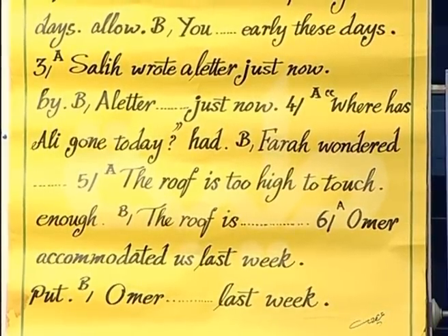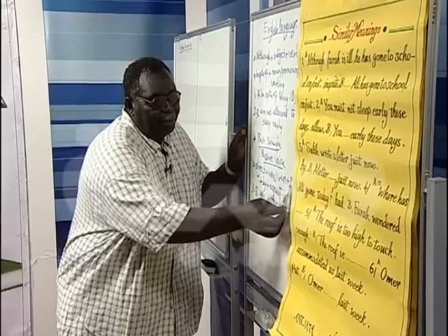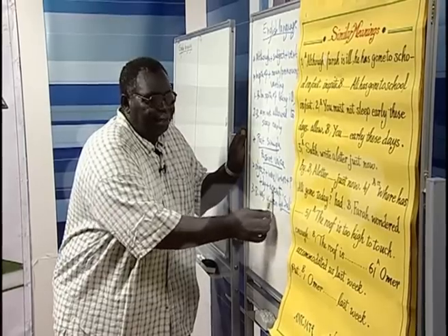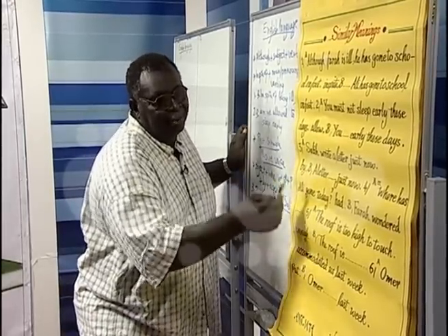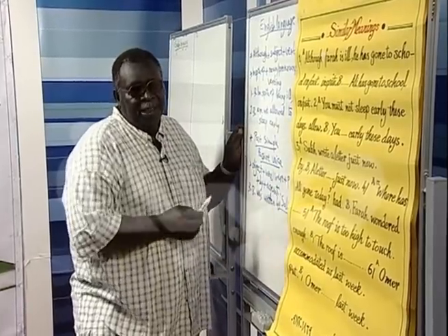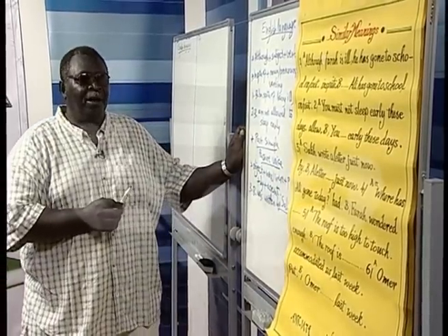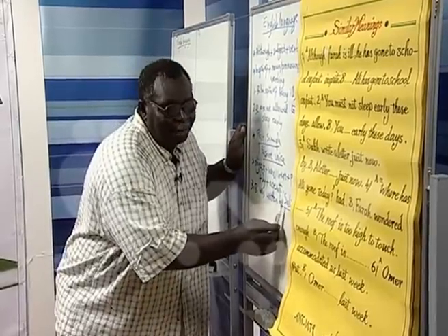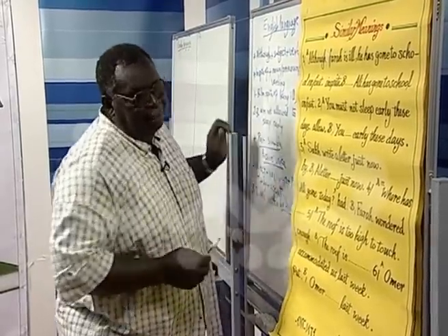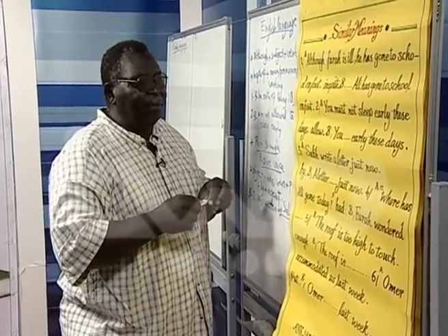Object plus the helping verb was or were plus past participle plus by plus agent. The object that we have here is a letter. A letter is singular. That means I'm going to use was. The past participle of write, wrote, of course, is written. Was written by Saleh. Why by Saleh? Because by is given in the margin.